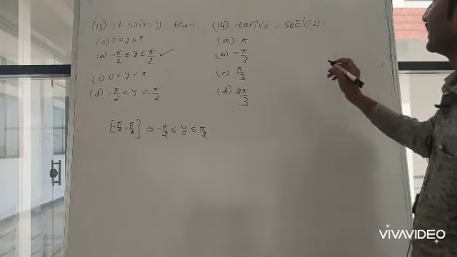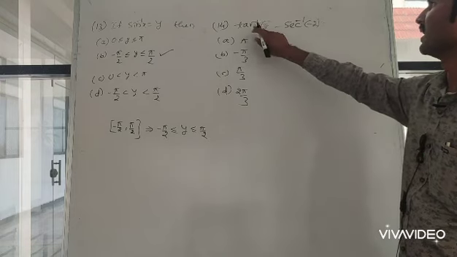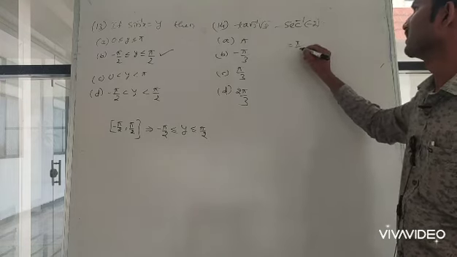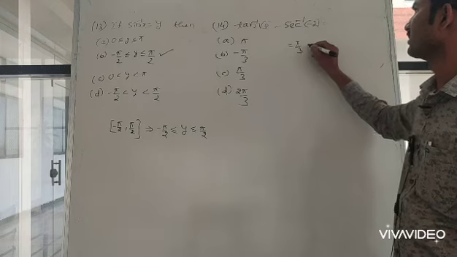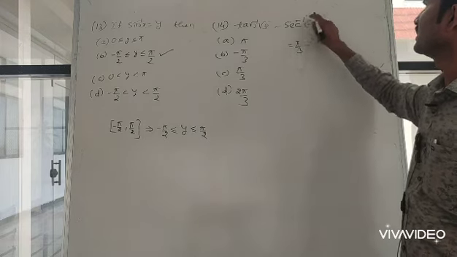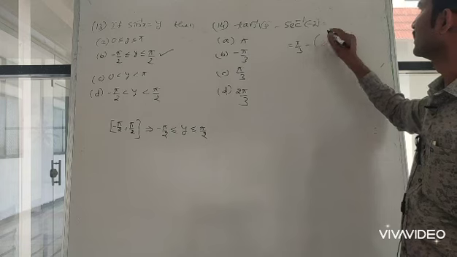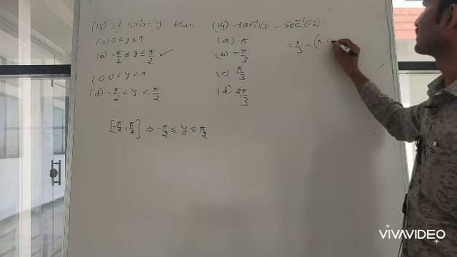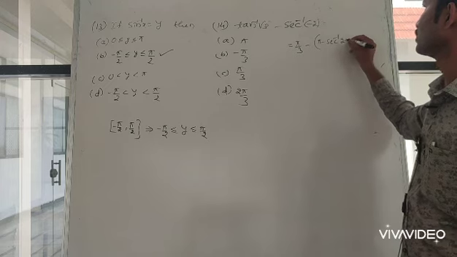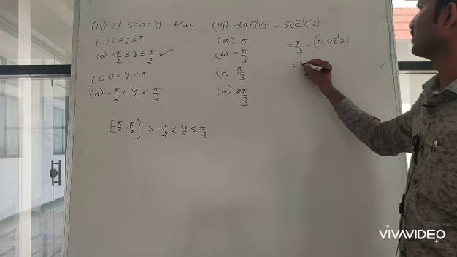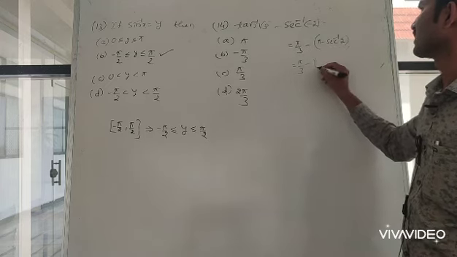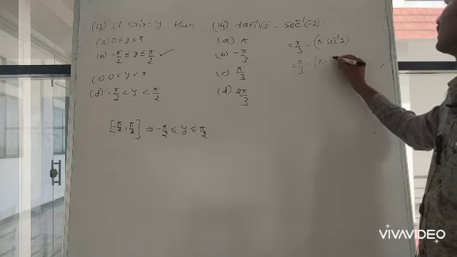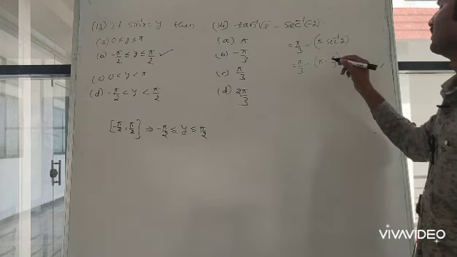For that we will simplify. What is the value of tan inverse of root 3? Tan inverse of root 3 is pi by 3, minus sec inverse of minus 2. Sec inverse of minus x form, that's why pi minus sec inverse of 2. So pi by 3 minus of pi minus sec inverse of 2.